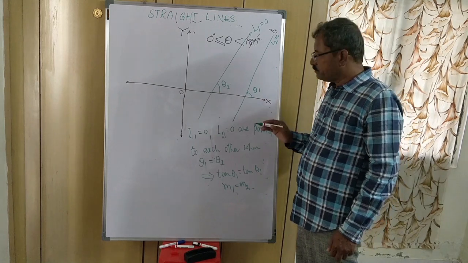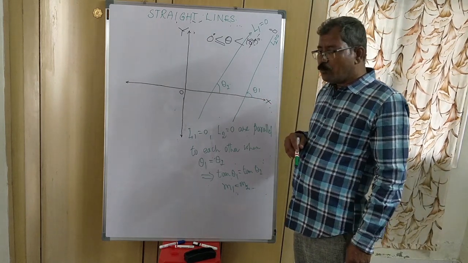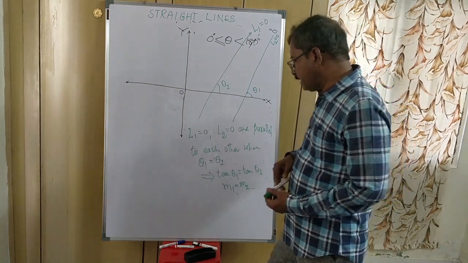Suppose the two lines are perpendicular to each other. In that case, what is the condition?